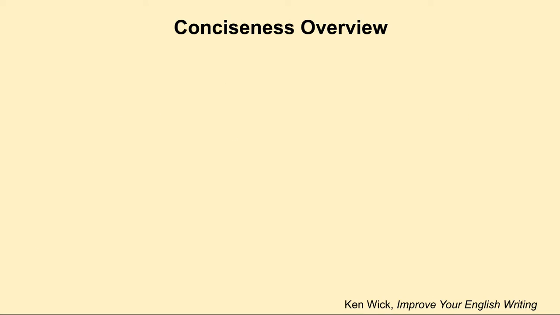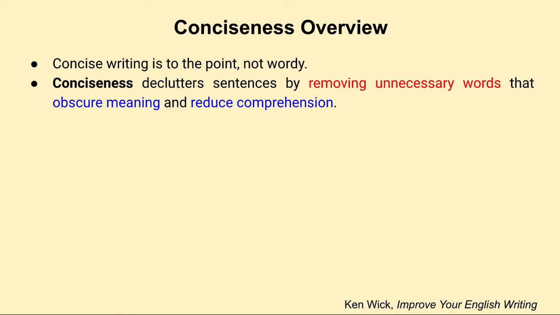So let's just talk about conciseness in an overview fashion. Concise writing is to the point, not wordy. That's what concise is, not wordy. Basically, conciseness declutters the sentence by removing the unnecessary words that obscure the meaning and reduce comprehension.